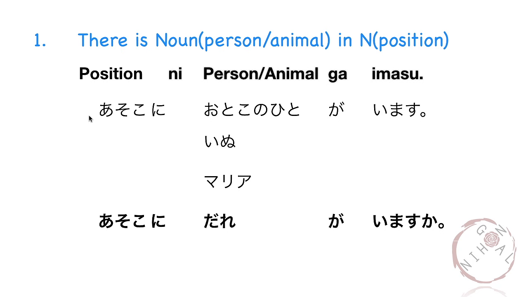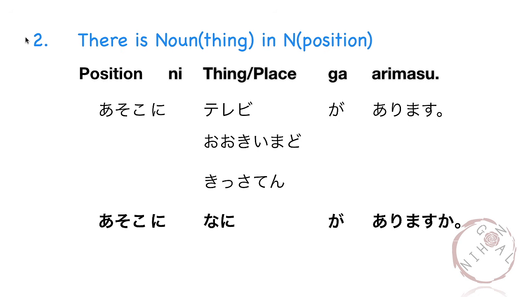For example, あそこに男の人がいます。あそこに犬がいます。あそこにマリアさんがいます。Or to ask the question, あそこに誰がいますか?